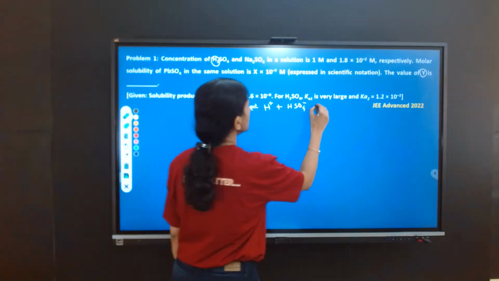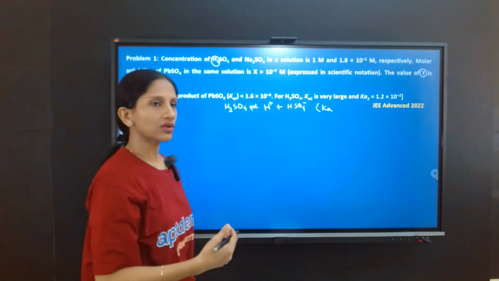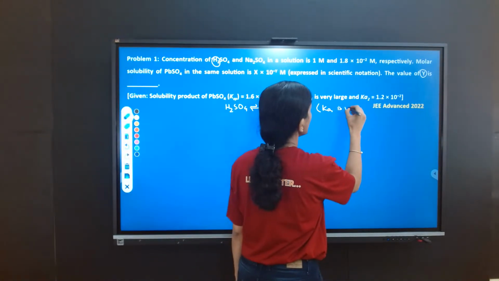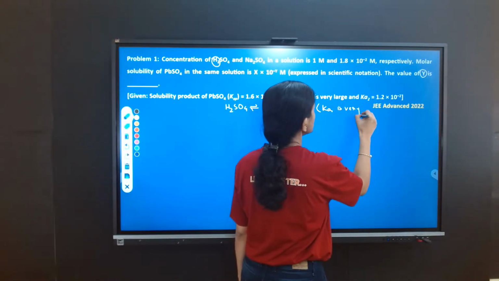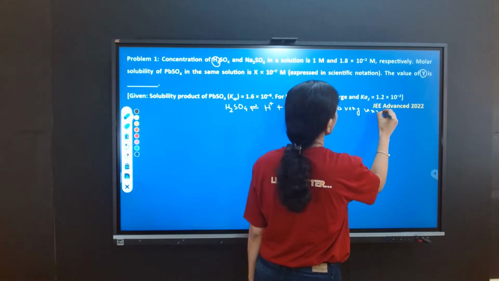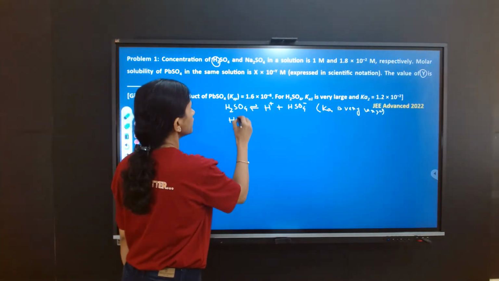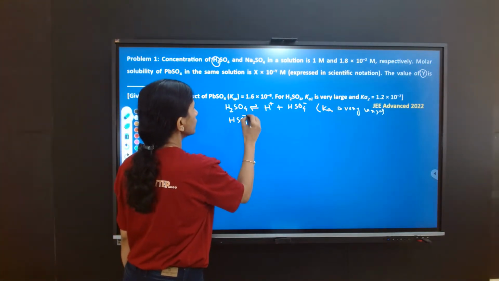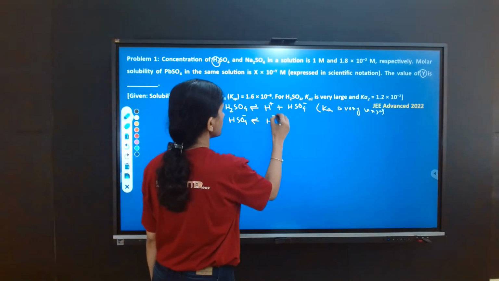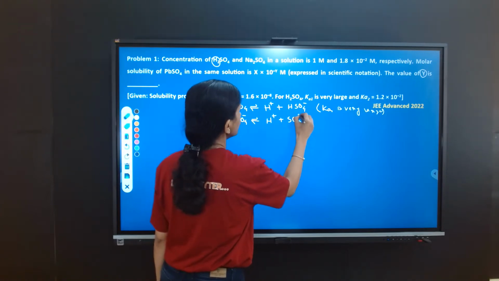and Ka1, that is the acid dissociation constant for this particular reaction, is given as very large. The number is not given. Now, the second one, HSO4 minus, would be dissociated as again H plus plus SO4 2 minus.